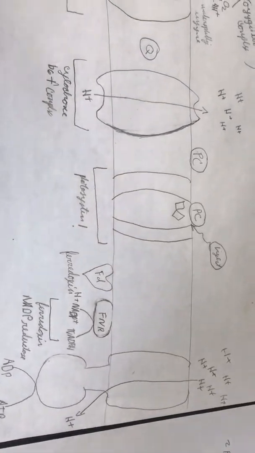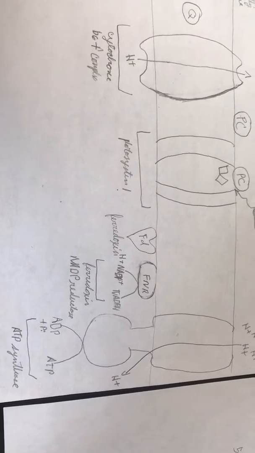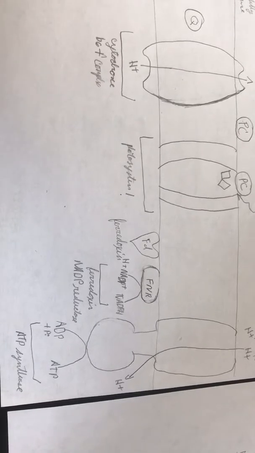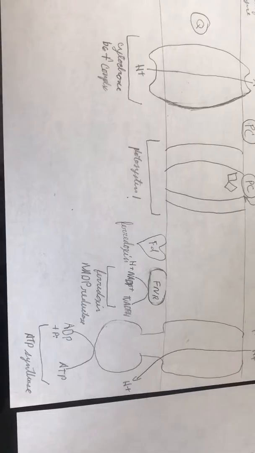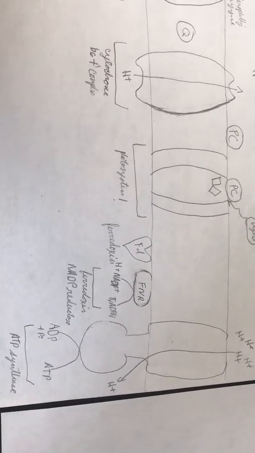As these protons are transported through the proton gradient, it gives the energy needed to ATP synthase to form ATP. So ADP is given the last phosphate through the power produced from the proton gradient.